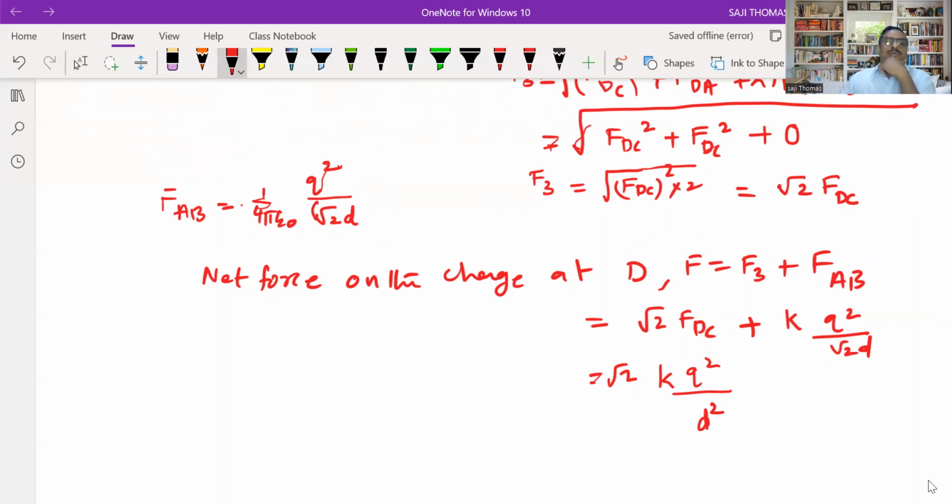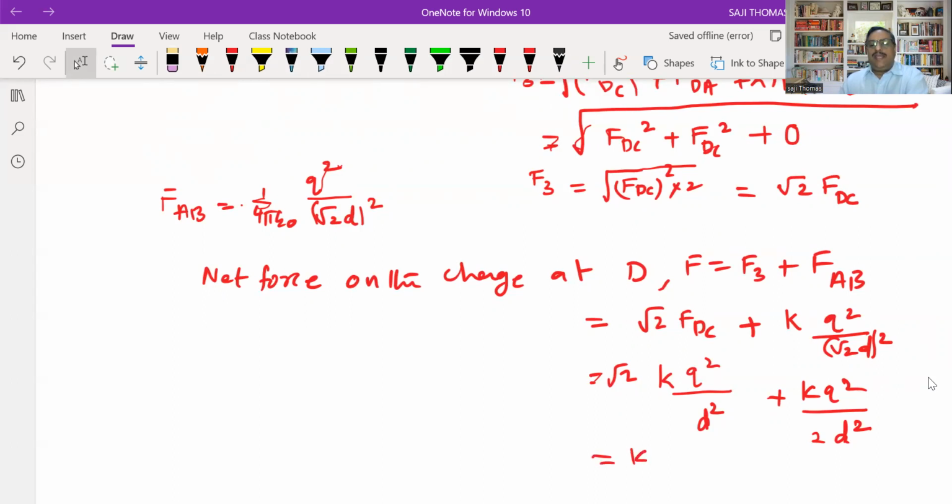Here, FAB is what? What is the force between the charges at the diagonal? 1 by 4 pi epsilon 0 q square by root 2 d, the diagonal, whole square. So root 2 d the whole square, and here there is d square, right? So root 2 k q square by d square plus k q square by 2 d square.